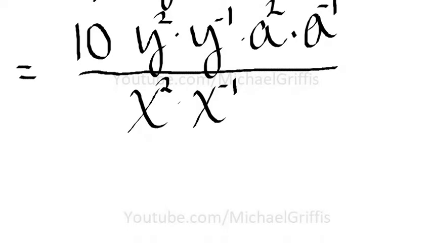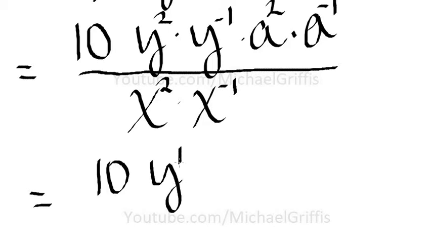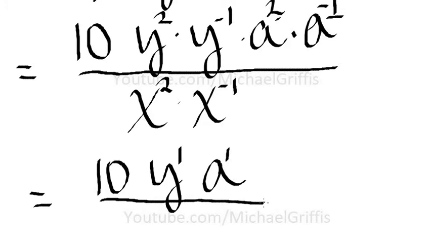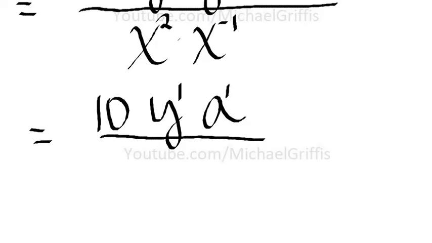So now, rewrite. We have 10, and we have y squared times y to the negative 1. So we add their exponents, and that makes y to the first power, since 2 minus 1 is 1. And then we have a squared and then minus 1, so we add, and that's a to the first, all over x squared, and then negative 1, so we add those exponents and we get x to the first power.